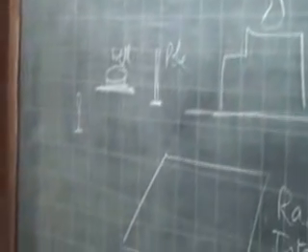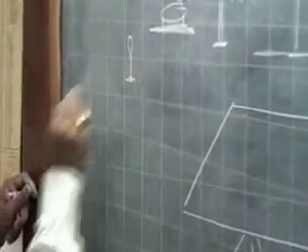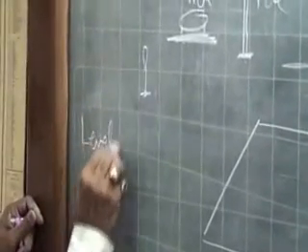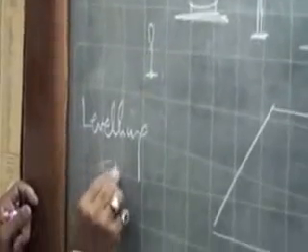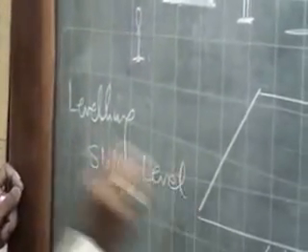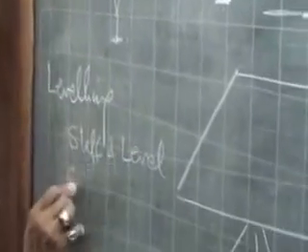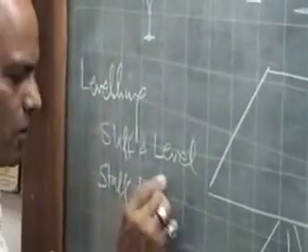So we will take additional measurements, which we call leveling, and we will use staff and level. If the ground is too undulating, then we will use staff and theodolite.